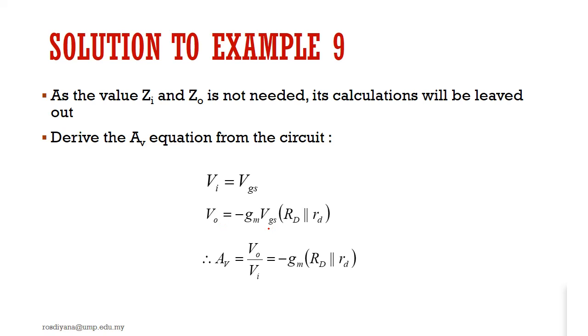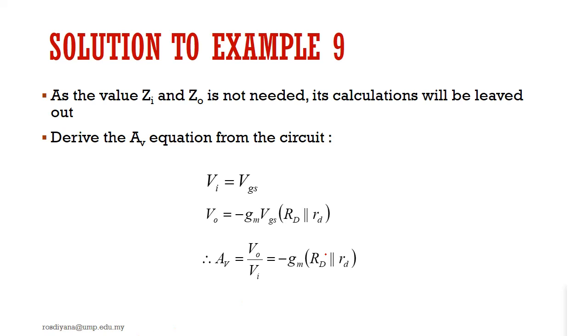The current is negative GM VGS, multiplied by the parallel resistance, RD parallel with RD. Then we divide this. So the Vin already cancels inside this equation, and it becomes negative GM multiplied by RD parallel with RD.